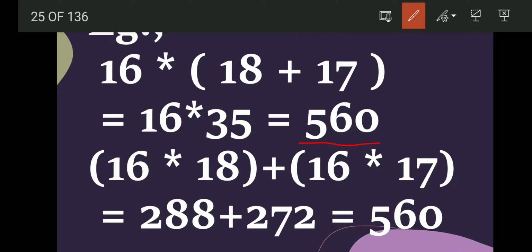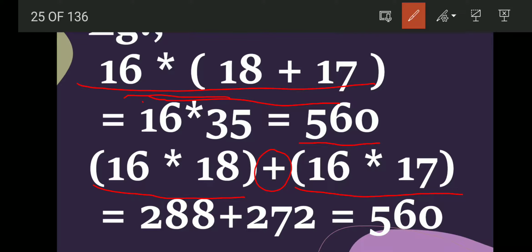Now what we are going to do is the distributive property. Now we'll distribute this, 16 into 18 plus 16 into 17. So what is the product of 16 and 18? That is 288. Plus what is the product of 16 and 17? That is 272.